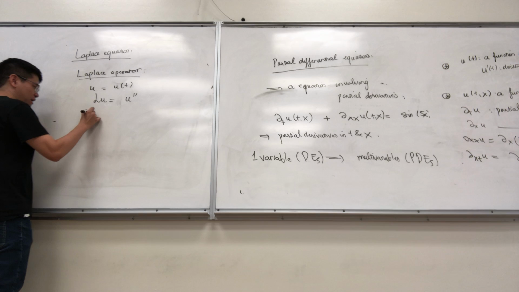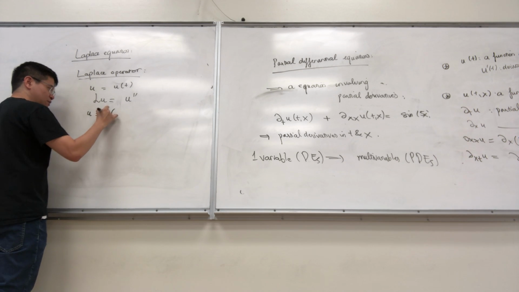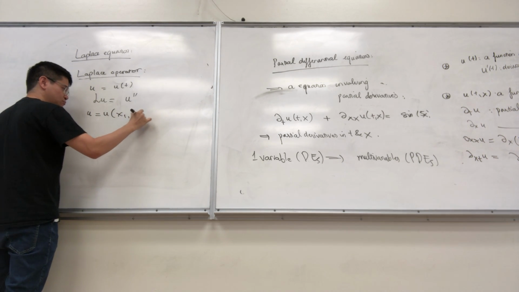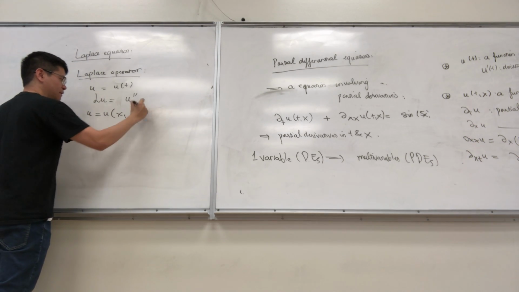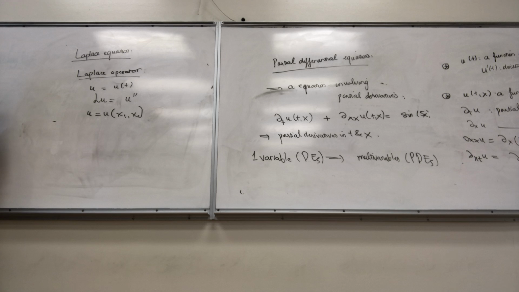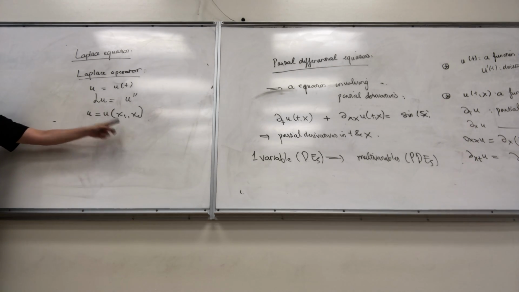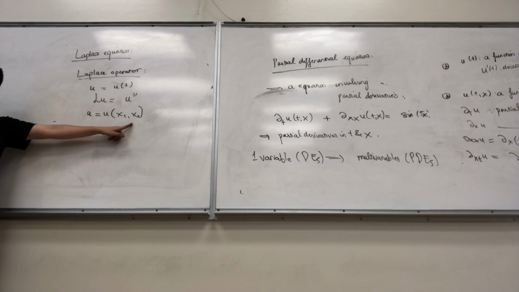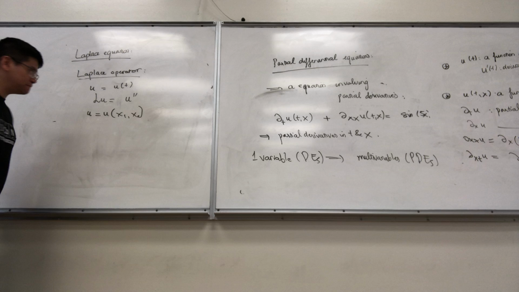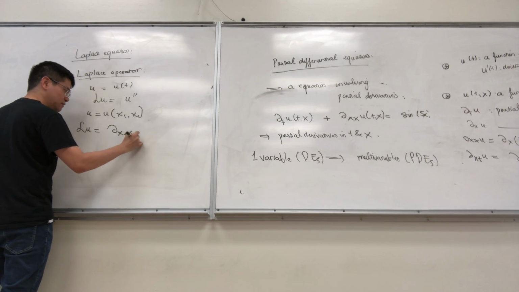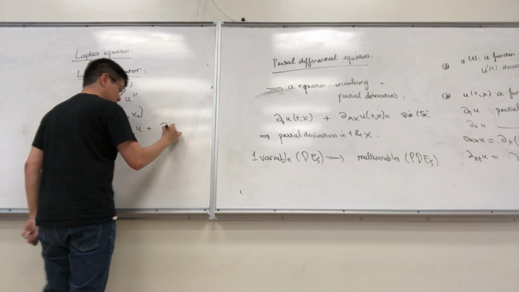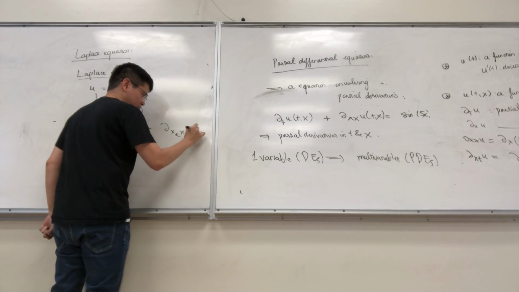So now suppose that u is a function of x1, x2. The Laplace operator will be the partial derivative with respect to x1, taken two times, and then another partial derivative with respect to x2, two times, right? So L of u will be the second derivative in x1 of u plus the second derivative in x2 of u.